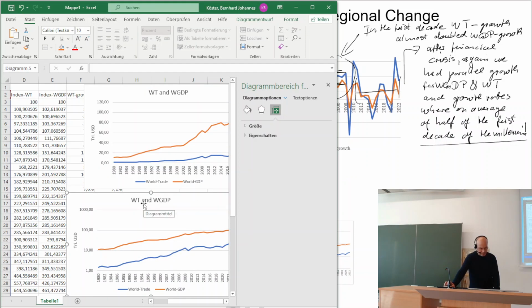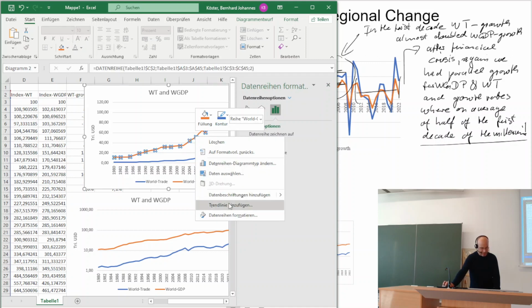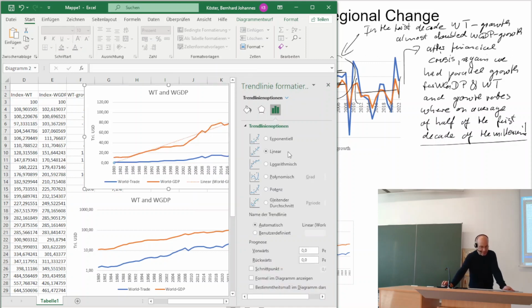And what you can also do, as I showed you before, is just to fit in here a trend line.